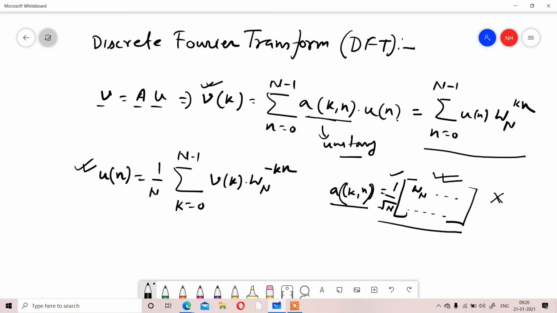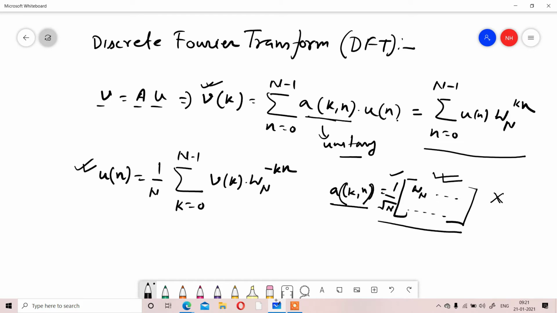It is not shown here how you are getting that. It is proved that if we multiply 1 by root N to that matrix format, you will get a unitary matrix. If you have any example, if you solve the problem, then just try to solve it by multiplying 1 by root N to that matrix and check whether it is unitary or not.